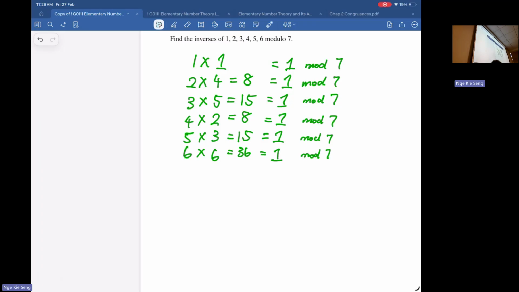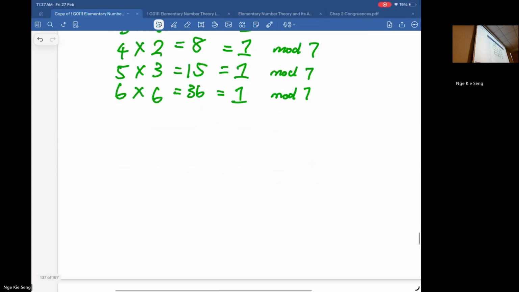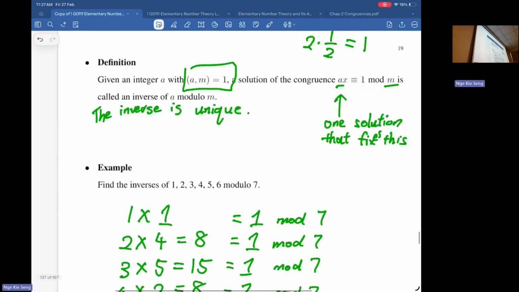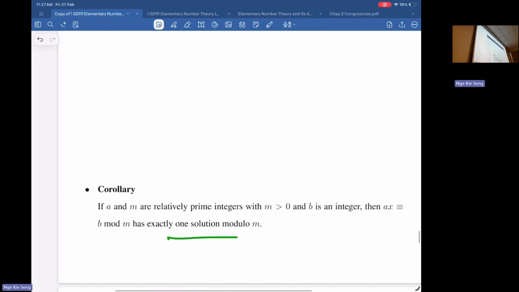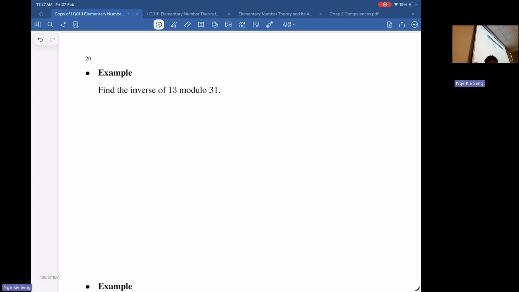Okay, so this is it for this part. Let's see the next thing. Next, find the inverse of 13 modulo 31. Is there anything special about this?